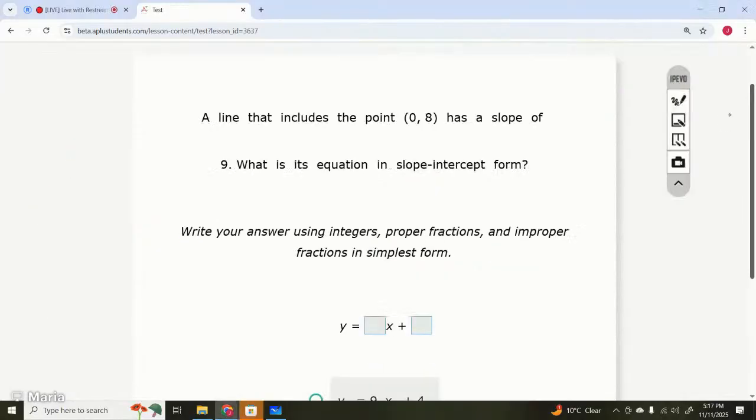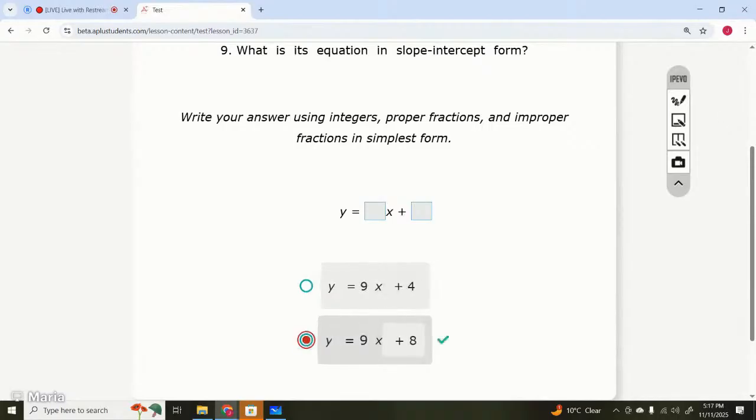That is y equals 9x plus 8. Option number 2 is the correct option.